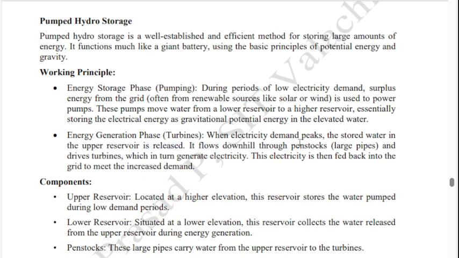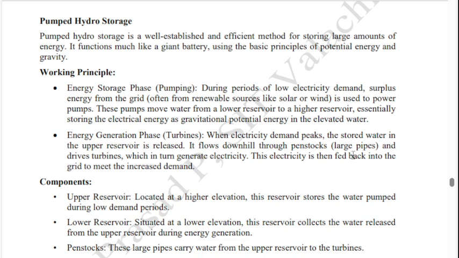So it flows down the hill through the large pipes, and when it flows through the penstocks, it drives the turbines. And when the turbines are running, we are getting the electricity.